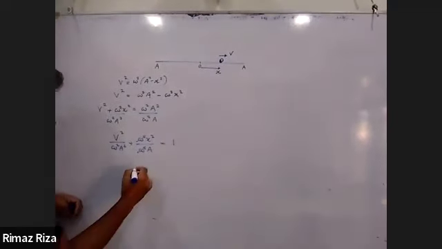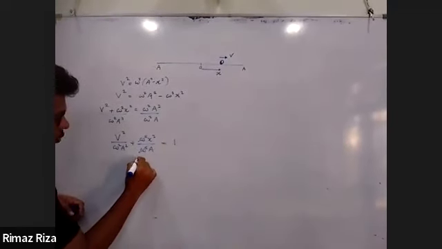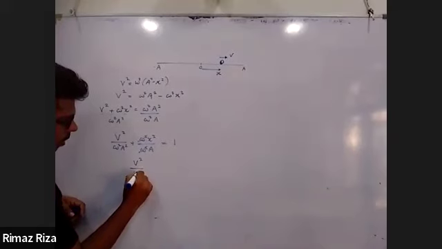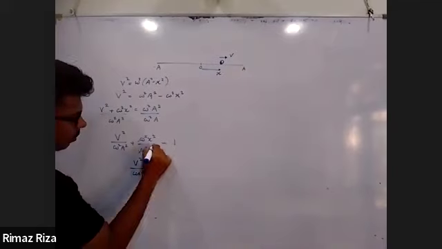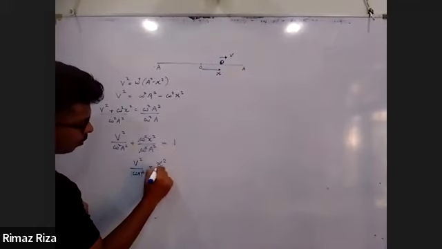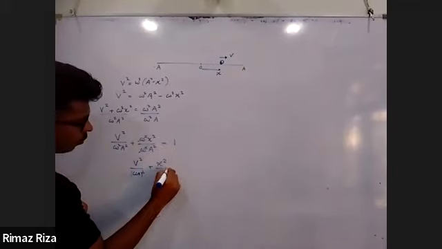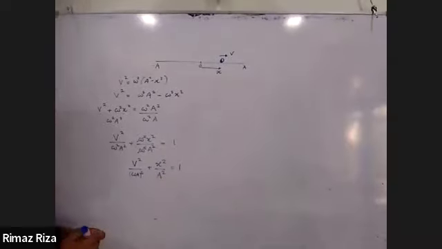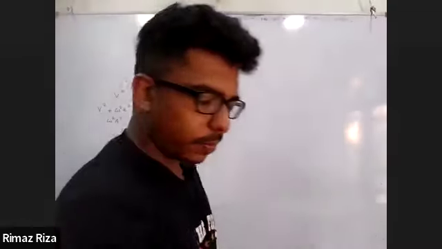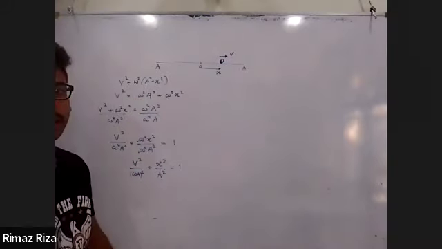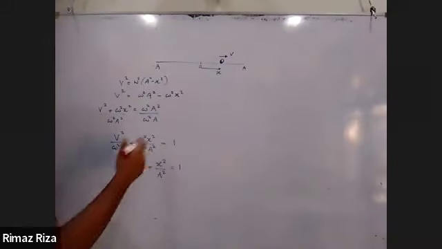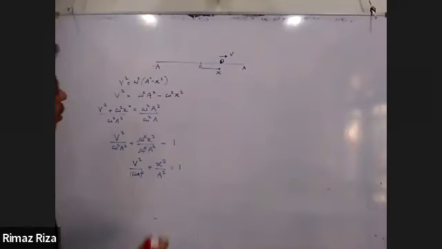Then I have v squared over omega squared a squared plus x squared over a squared equals 1. This derivation is not in the syllabus, but I did it just to give some impression about this.